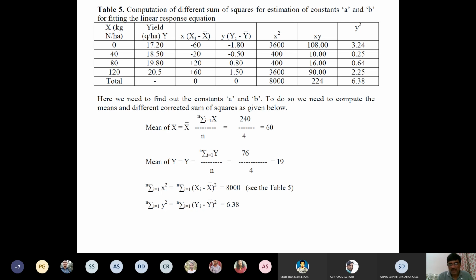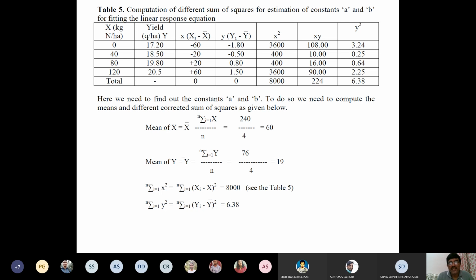He even used to teach us to work out the optimum economic dose from the Mitscherlich equation. We learnt it, and there were many more things which we learned from him. So it is just my respect to him, and I wish wherever he is, he should be happy. So I still keep in quintals per hectare. Otherwise, you can convert it into tons per hectare.